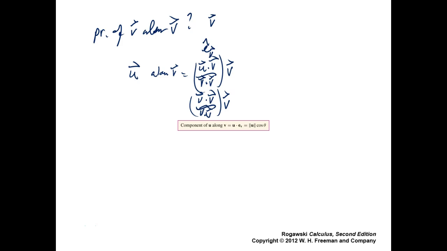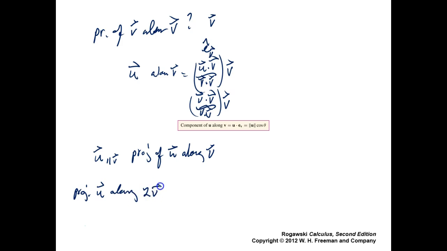Let U parallel to V be the projection of U along V. Which of the following is the projection of U along the vector 2V?